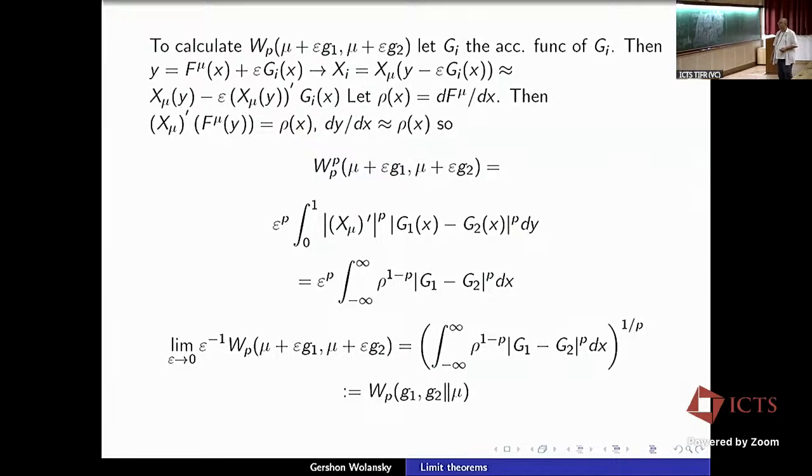But if we take this limit as epsilon goes to 0, we get this integral, and I call it the conditional Wasserstein distance between G1 and G2.